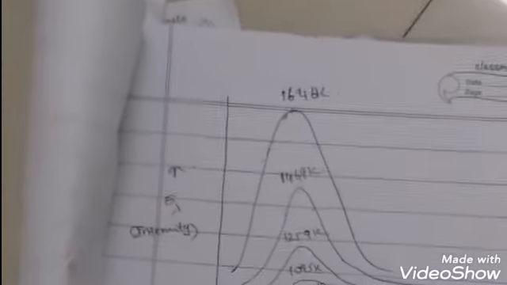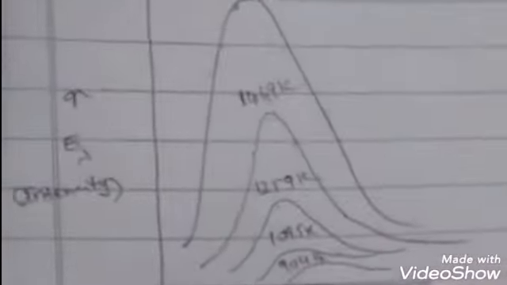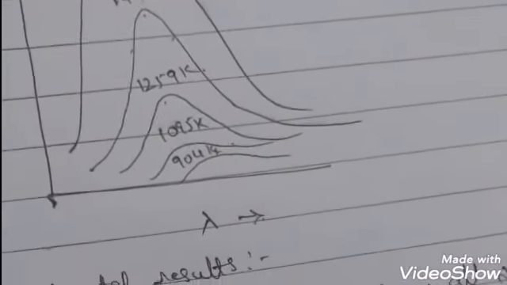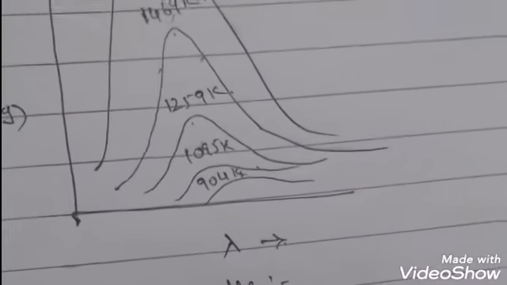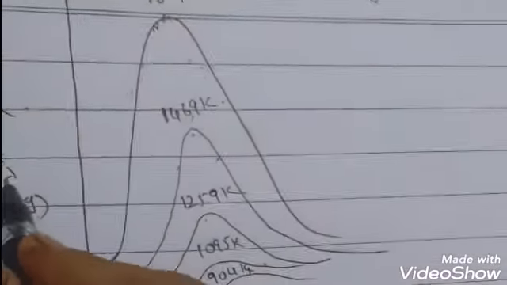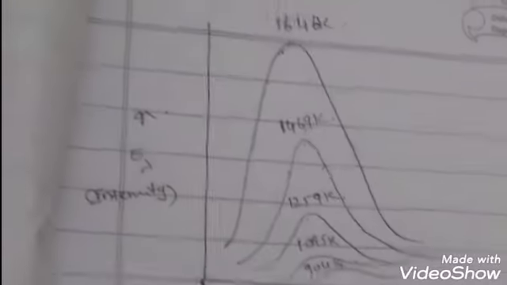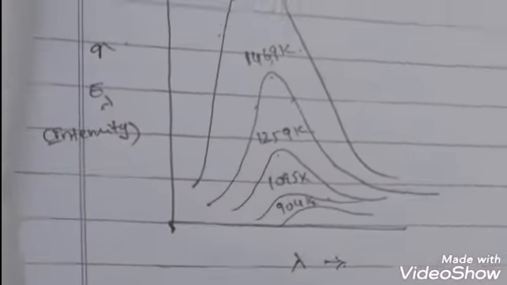This is a very important experimental result. So we can write the energy E equals the integral from 0 to infinity of E lambda d lambda, which is equal to sigma T power 4. This is the energy distribution in a particular curve.